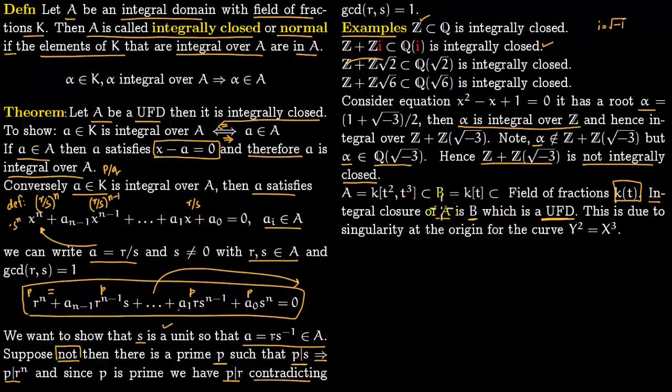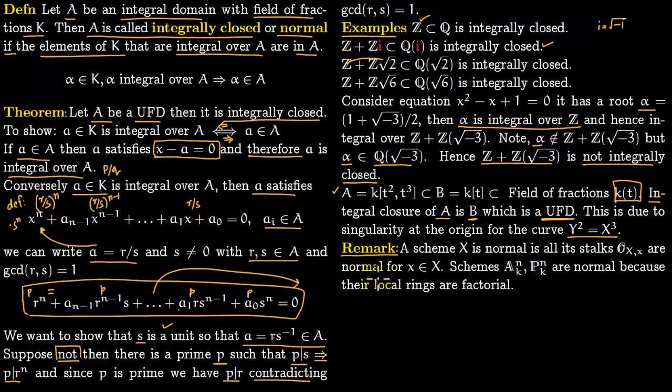Now A is not integrally closed because there is a singularity at the origin for the curve y square equals x cube, and this is the curve which corresponds to this ring A, and because of the singularity here, this is not integrally closed. Now we come to an important remark, again used in algebraic geometry.